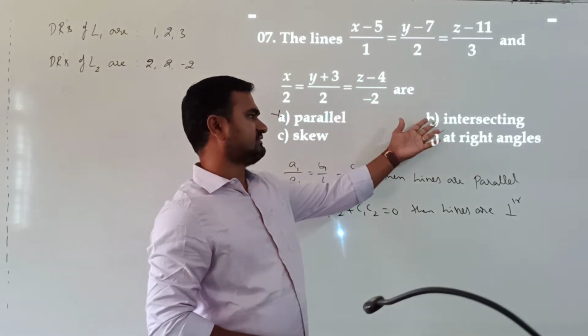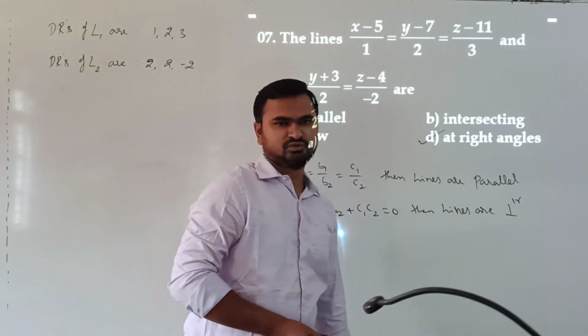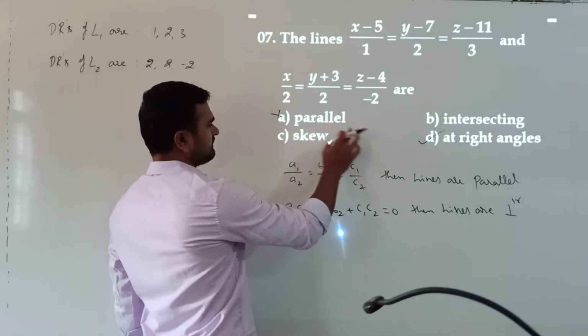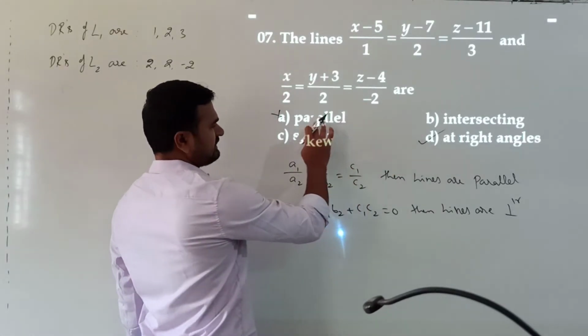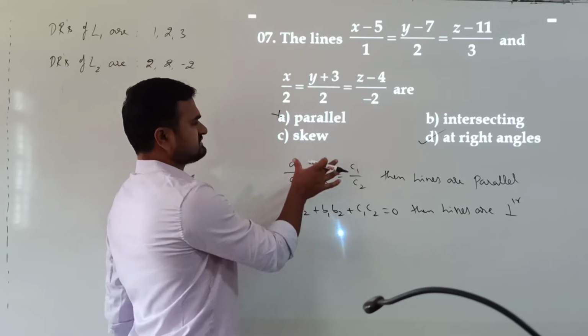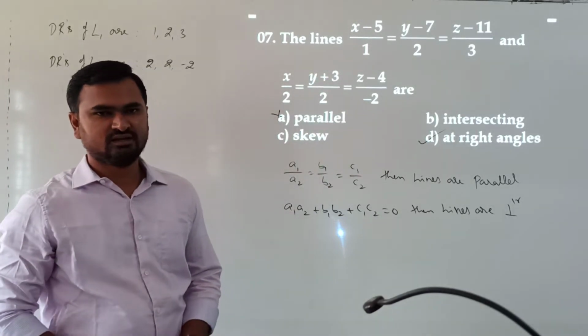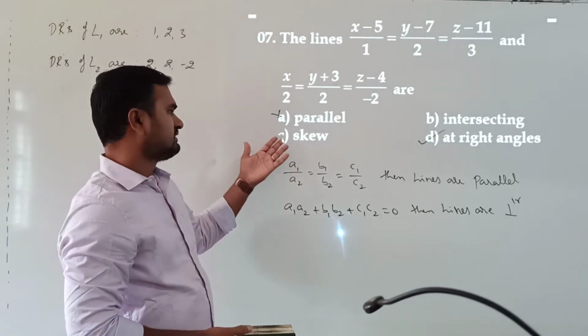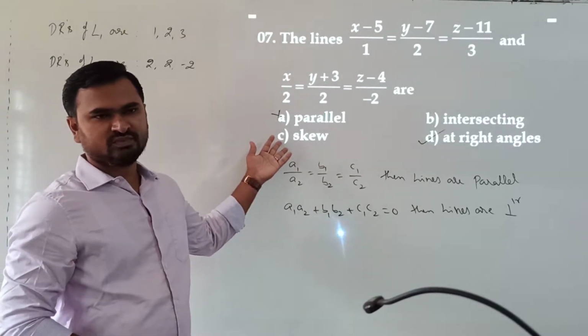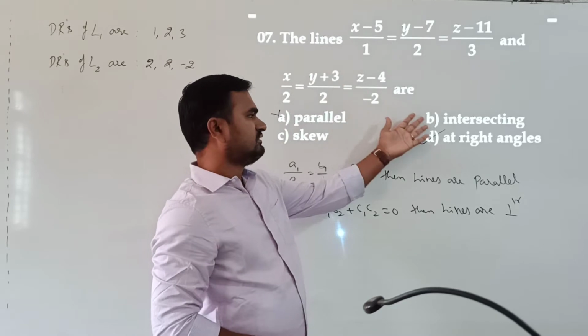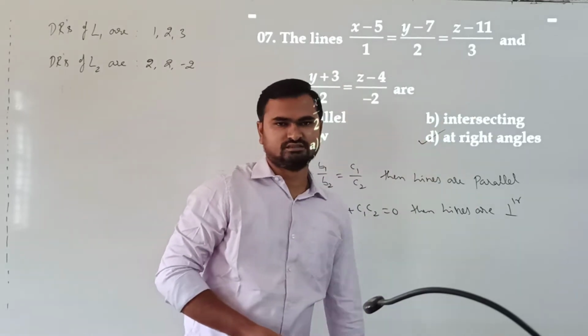So first we check for parallel and perpendicular; if they are neither, we take the distance between the two lines using the formula for the distance between skew lines. If the distance comes out to be 0, you can say that the lines are intersecting. Okay.